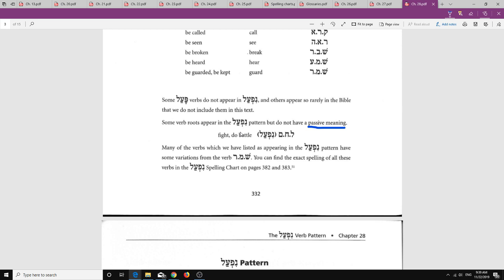Now, you might be able to make an argument that it does have a reflexive aspect to it. Maybe two sides are fighting among themselves or doing battle among themselves. But it is not passive necessarily. Not this word, at least.